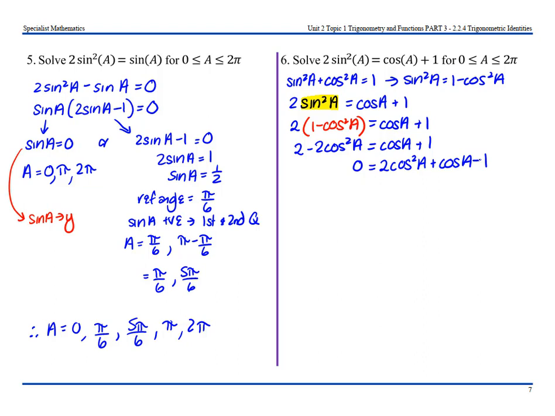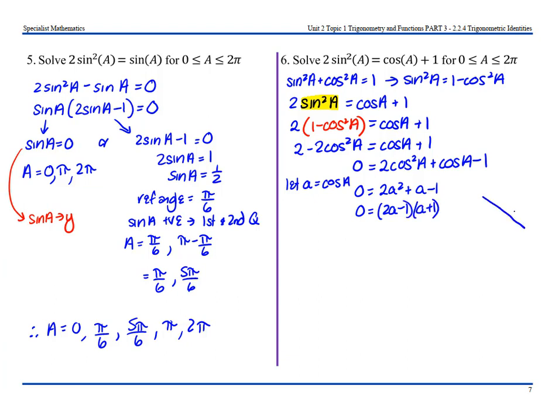Now, you could factorize that with coses, or if it makes it easier, you could say let A equal cos a and get rid of it. So you have 2A squared plus A minus 1 equals 0. And factorizing that, that's 2A minus 1, A plus 1.